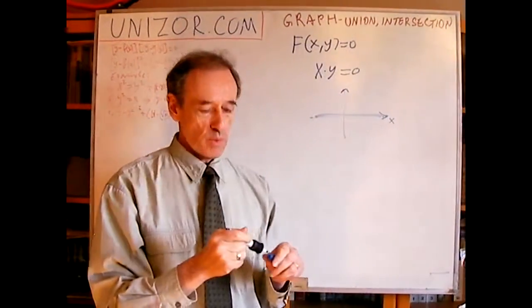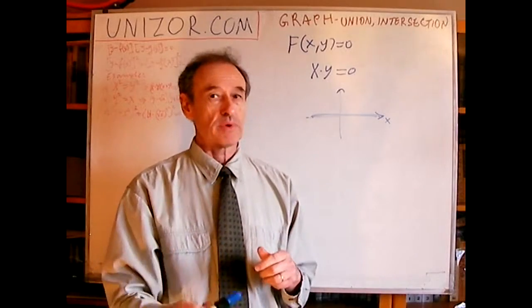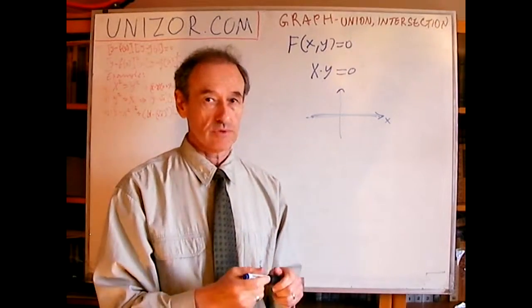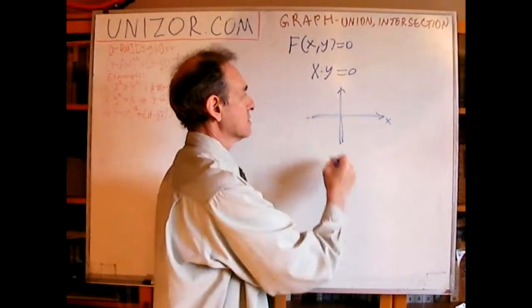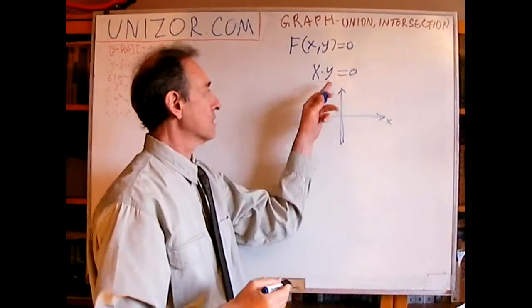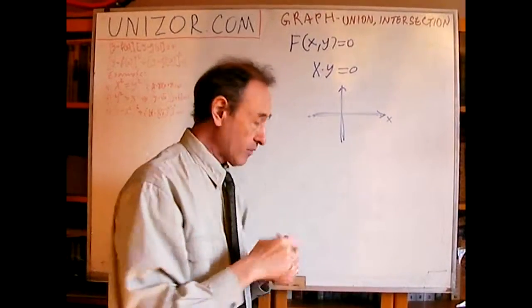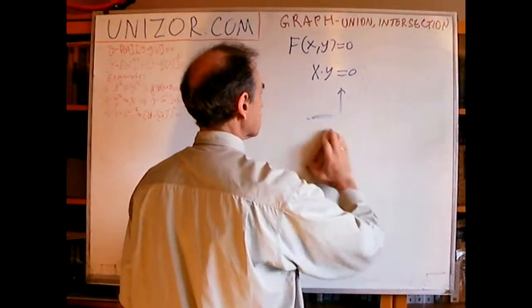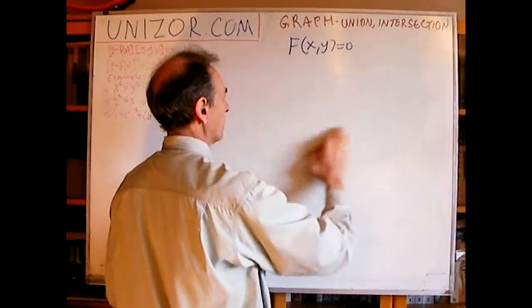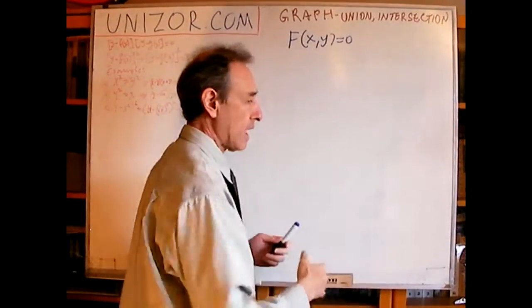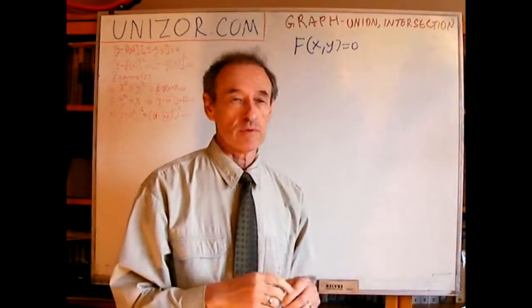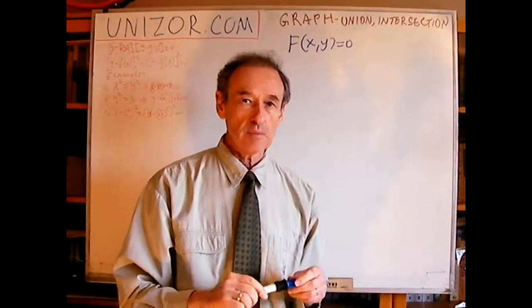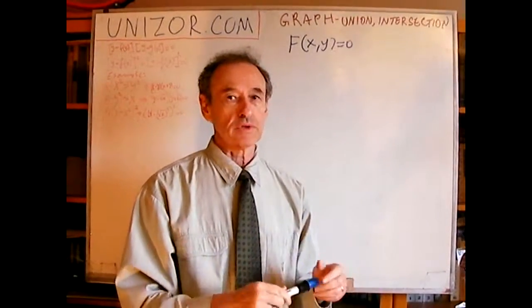But then, since we divide by x, we have to separately consider the case of x equal to 0, and x equal to 0 is a vertical line. So the combination of these would be this. That was the union of two graphs, right? I will use exactly the same technique to unionize two different graphs.